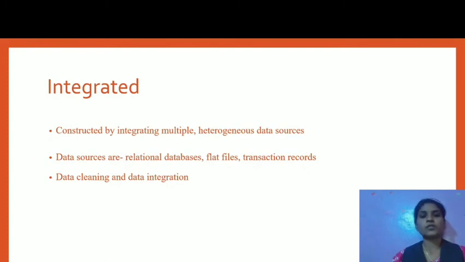So all these data need to be collected, integrated, processed, pre-processed, and then it is loaded into the data warehouse. And before loading the data in the data warehouse, data cleaning and data integration operations need to be performed in order to maintain the explicit naming conventions, encoding structures and attribute measures, etc.